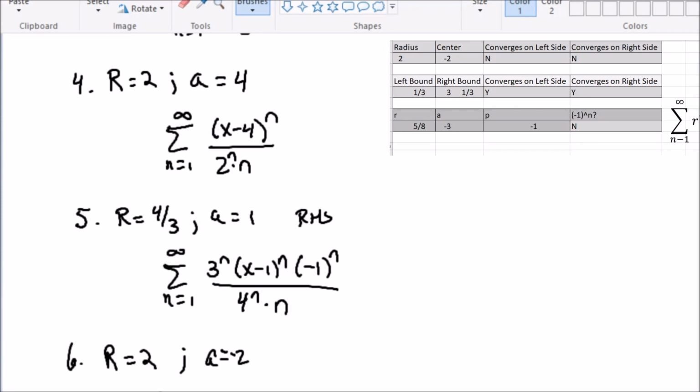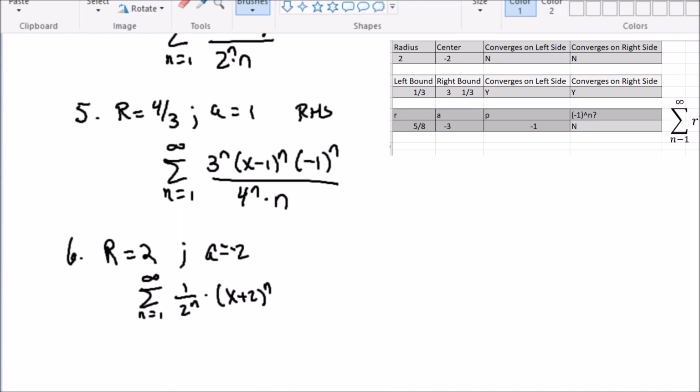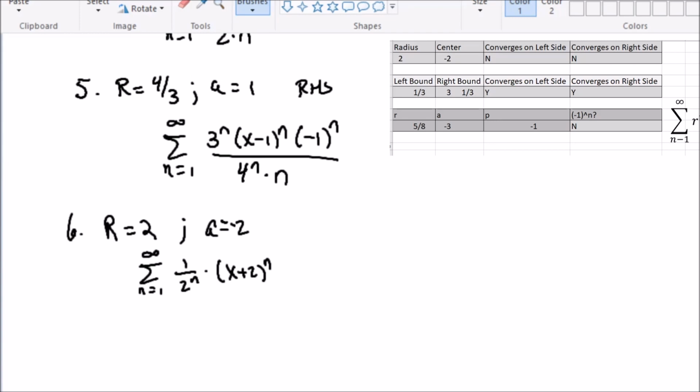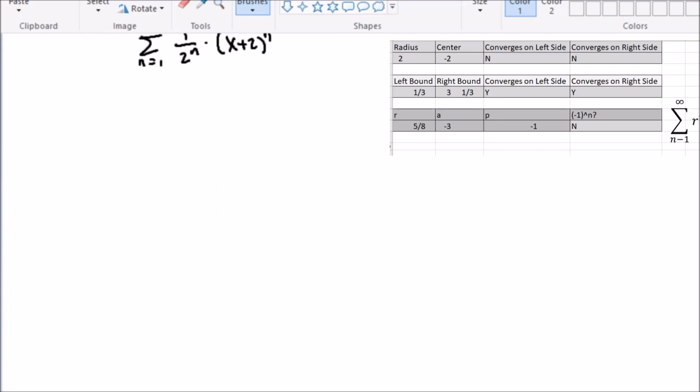Sum from n equals 1 to infinity of 1 over 2 to the n times (x plus 2) to the n. All right. Let's try to do 3 more.